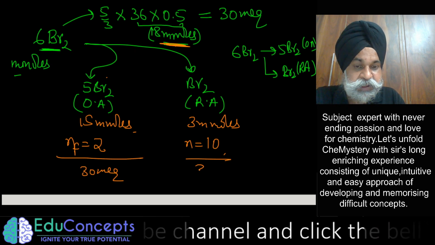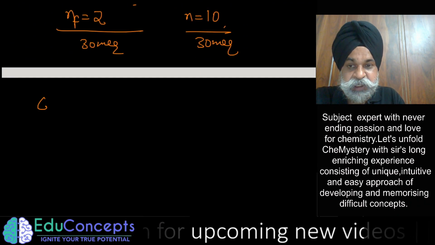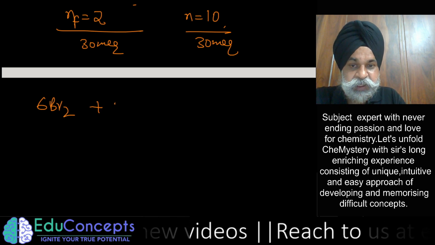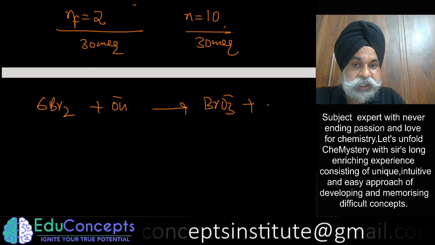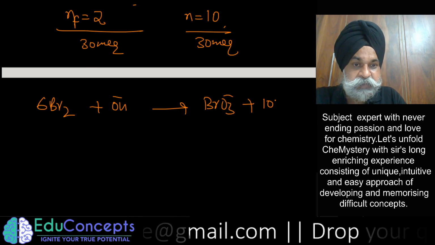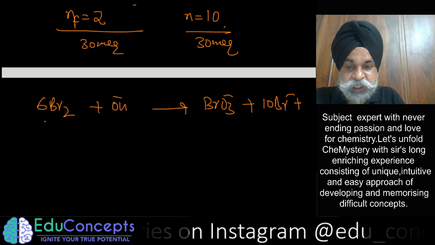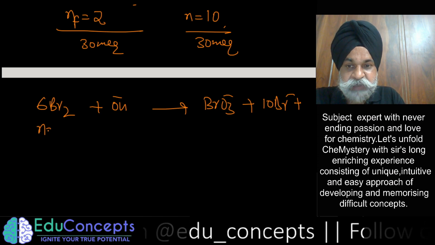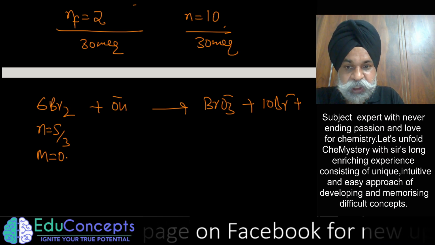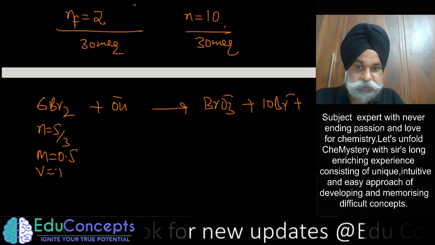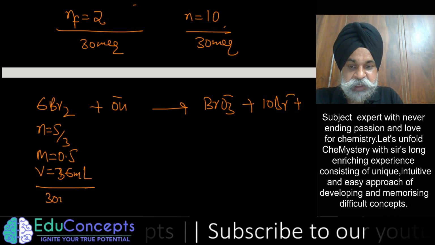What I am trying to do is, I started with this OH negative and something like that, BrO3 negative, and 10 Br negative, and OH and water you can balance out. So here it was n factor 5/3, molarity was 0.5 and volume was 36 ml. So in total you had 30 milliequivalents.